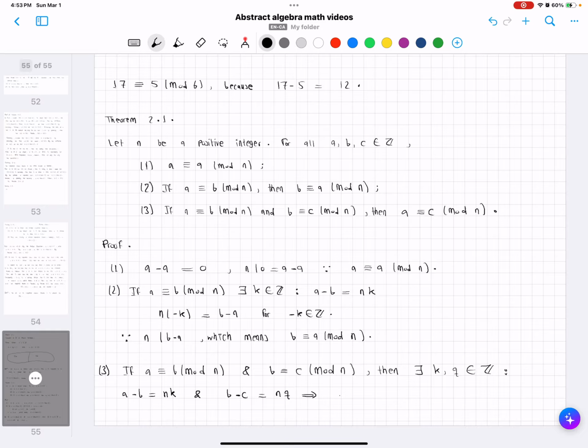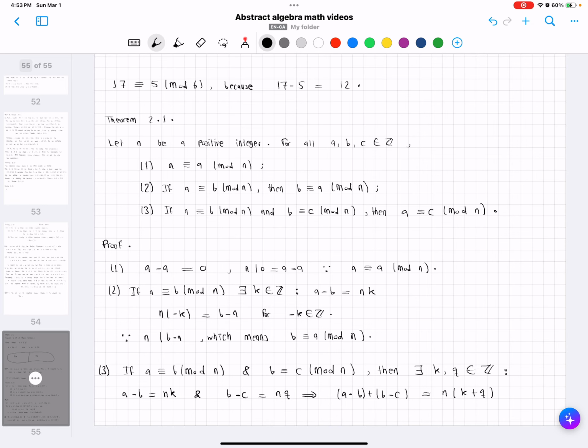If you add a minus b together with b minus c, that is equal to n multiplied by k plus q.